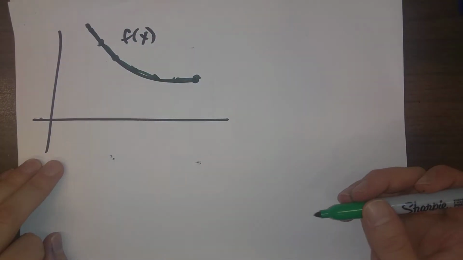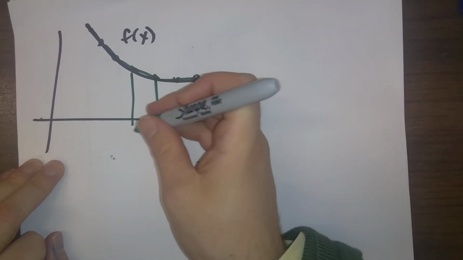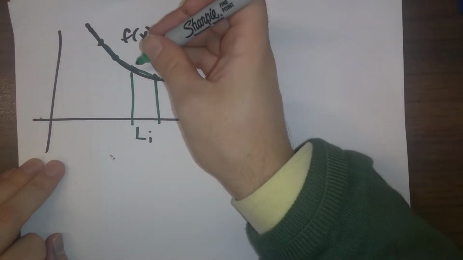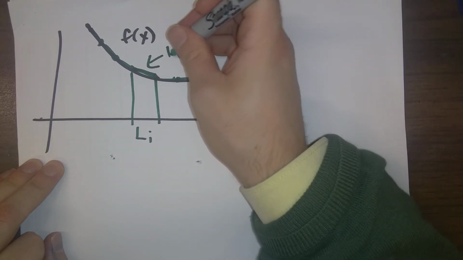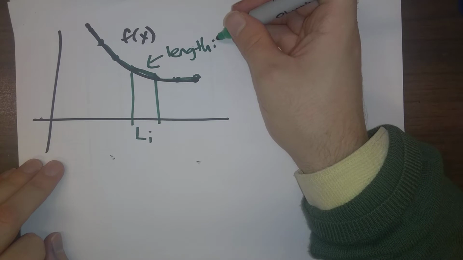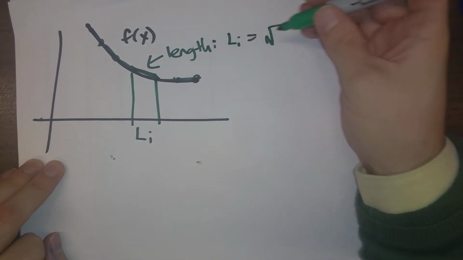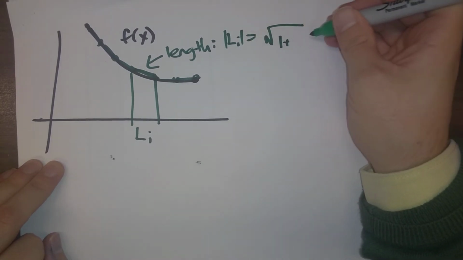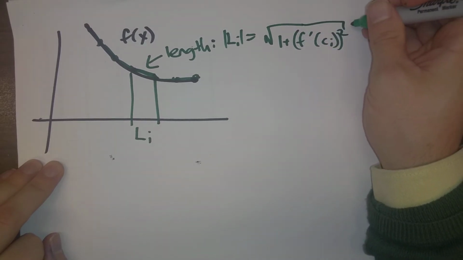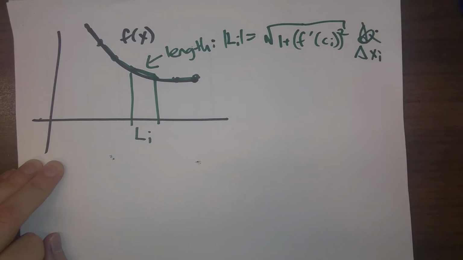And so we know from before that this chunk here, let's call this chunk L sub i for the ith chunk, this length is going to be approximated by the square root of 1 plus f prime of c i squared times delta x i.